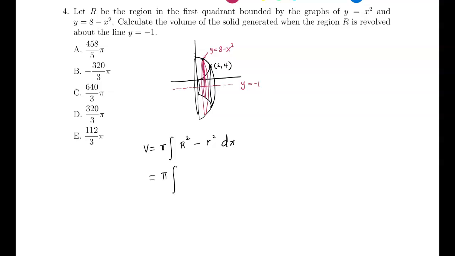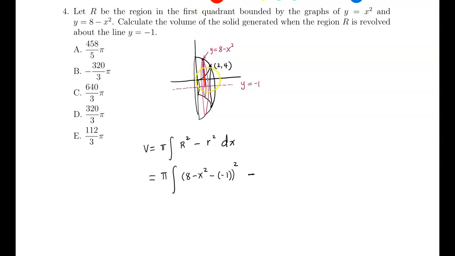So that means we have (8 minus x squared minus -1) quantity squared. That's for the outer radius. Then the inner radius will be from this point to this point.